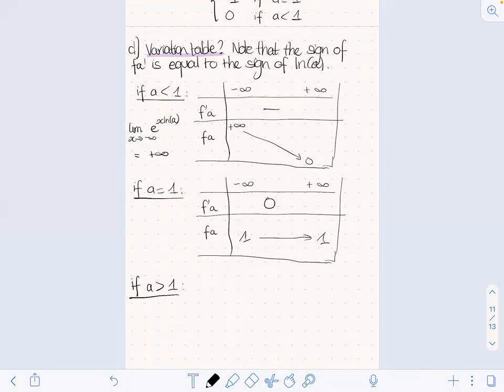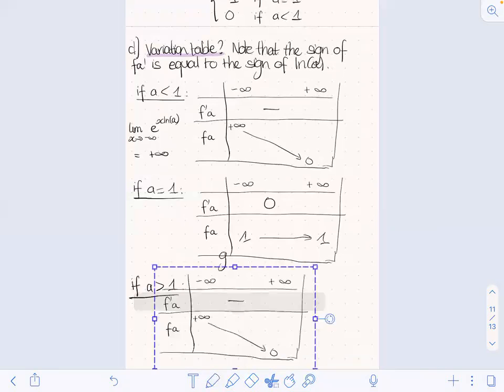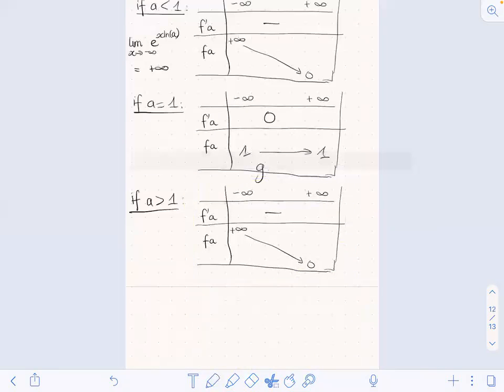Okay. And in that case, we're going to have the following behavior. So f prime is positive. The function is going to be increasing. We proved above that the limit is equal to plus infinity at plus infinity in this case.